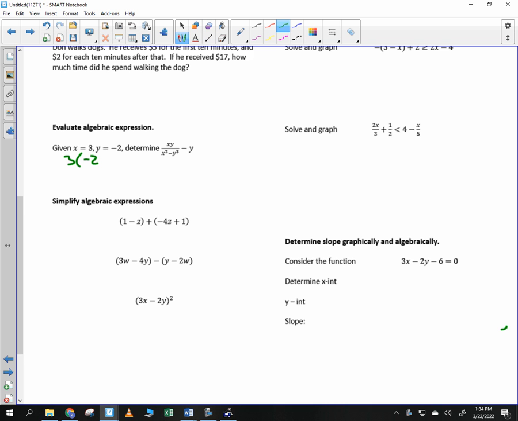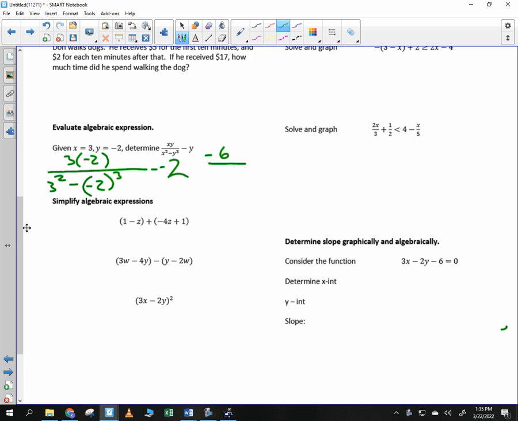3 times negative 2 divided by 3 squared minus negative 2 cubed minus negative 2. What do you get on top? Negative 6. Negative 6 over 9 plus 8.